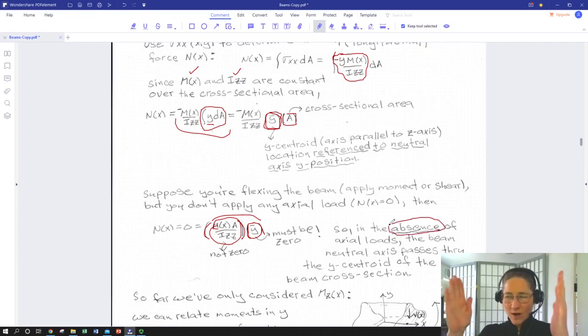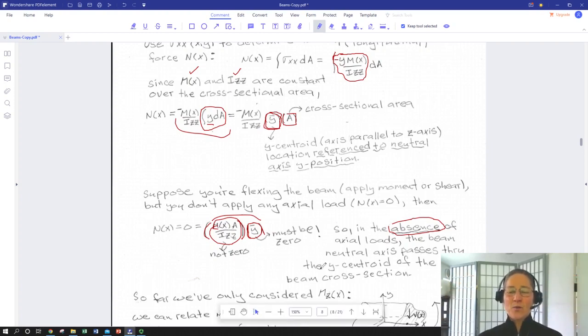They're the same point. So another way of saying this is in the absence of axial loads. If we're not compressing the beam or stretching the beam and we're flexing it, then the neutral axis will pass right through the y centroid of the beam cross section. If we're stretching or compressing the beam, then there's going to be some distance between the neutral axis and the centroid.